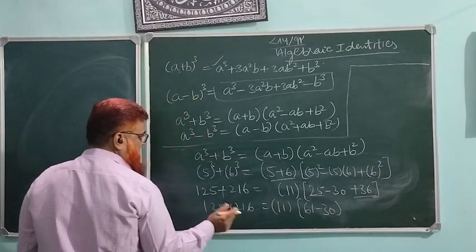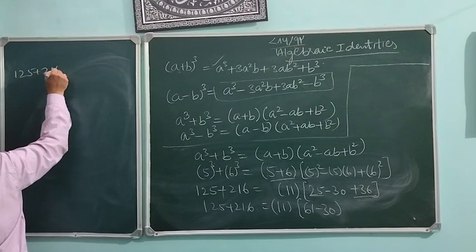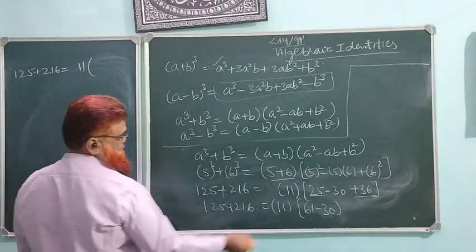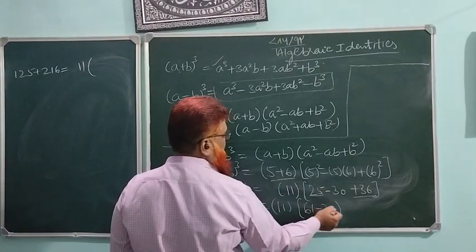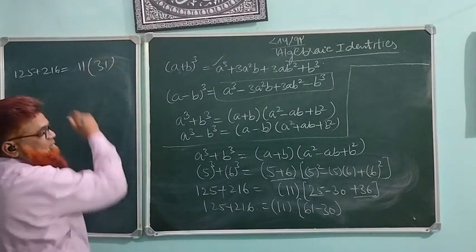Now coming to this side, 125 plus 216 is equal to 11, and inside the bracket, 25 plus 36 is 61, minus 30, it is equal to what? 31.